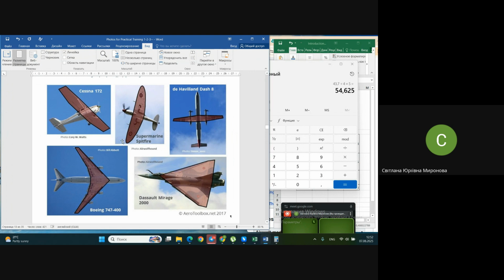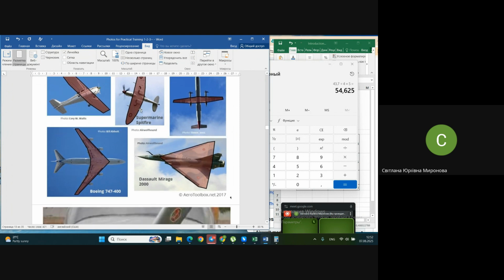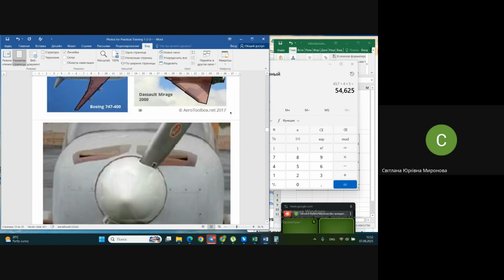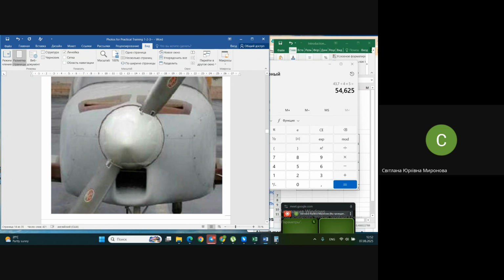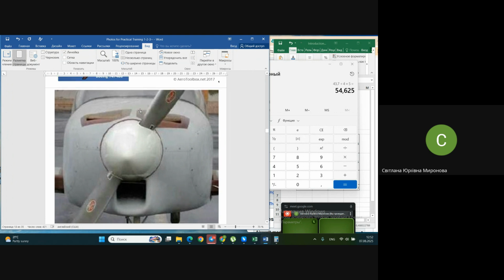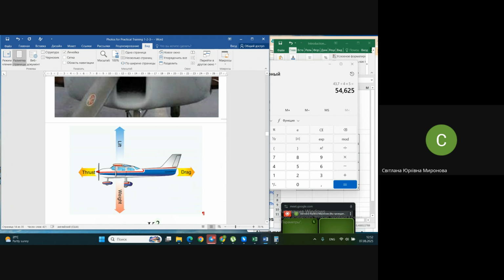Half elliptical wing, swept wing, how to calculate? And in this case, we have so-called relative parameters. Relative parameters, we have wing aspect ratio. You understand how to calculate it. And how to calculate area at all.